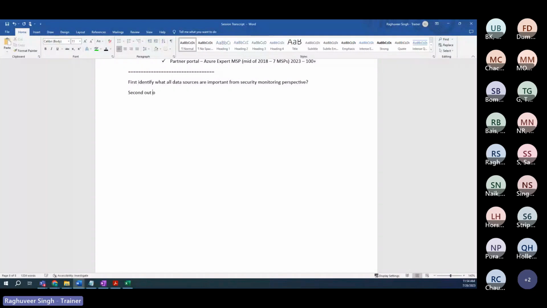Second, out of those identified data sources, what specific data needs to be ingested or collected into Sentinel. That's what you need to identify. These are the two best practices, and the rest of the best practices will revolve around these two only.